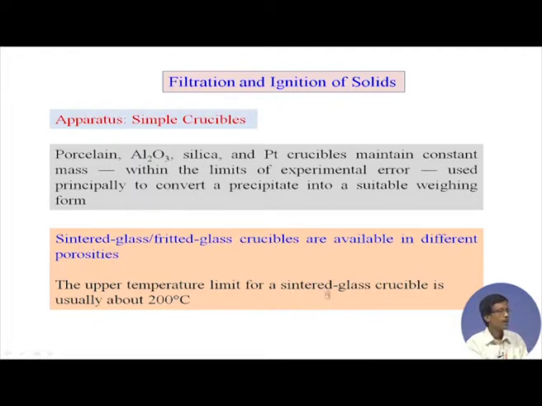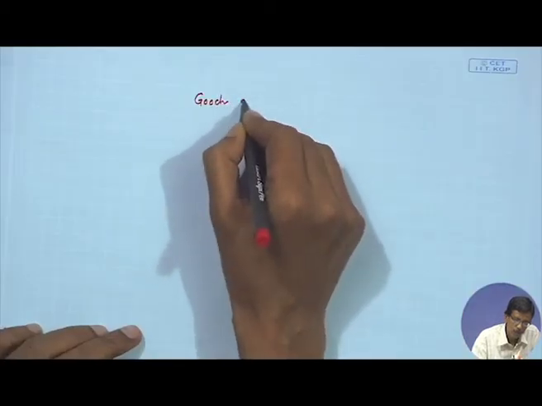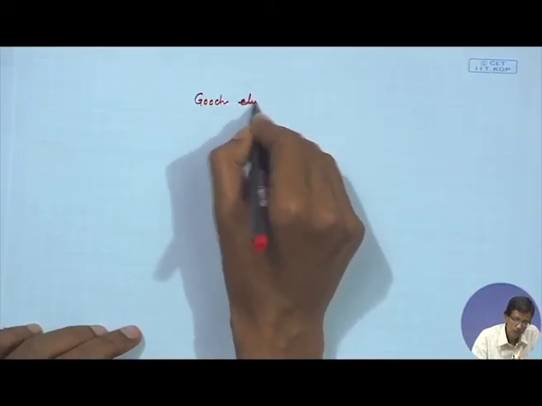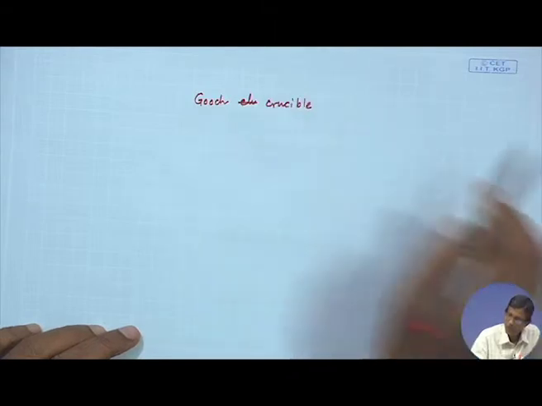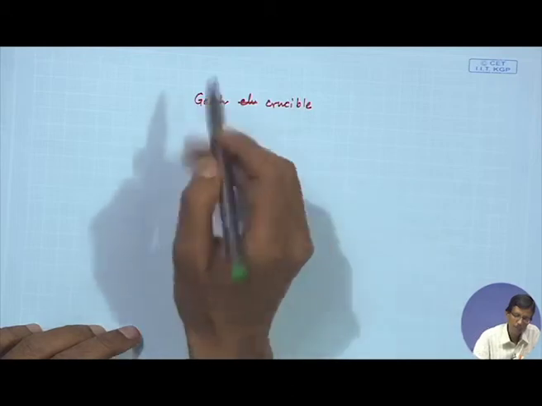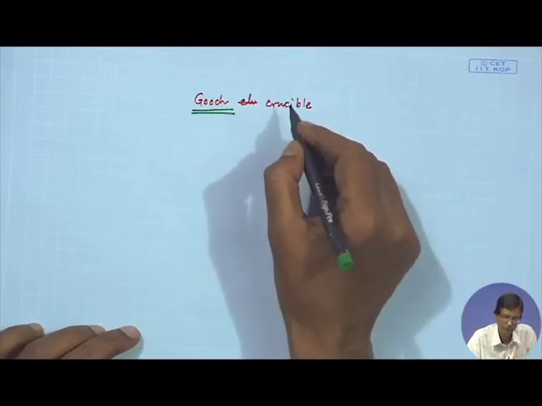This glass crucible, the sintered glass crucible, is known as the Gooch crucible. The name Gooch is a scientist's name.